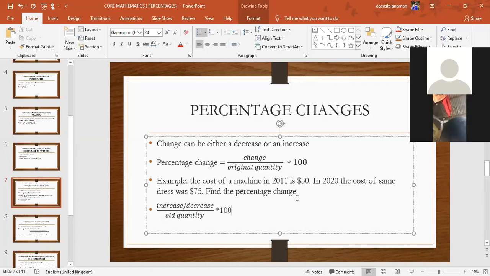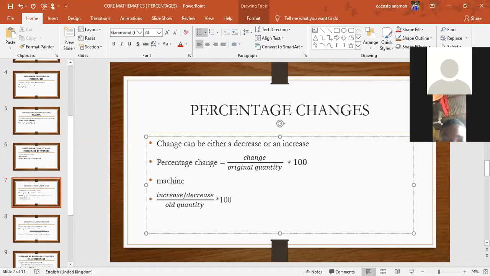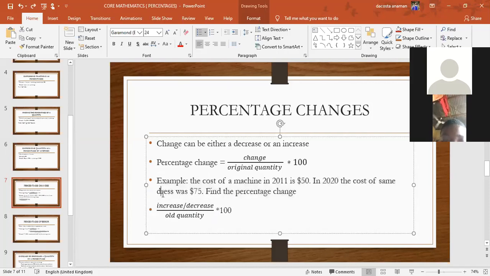In 2020, the cost of the same machine is $75. Find the percentage change.